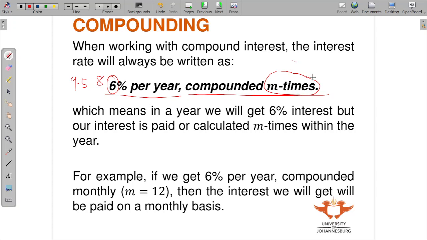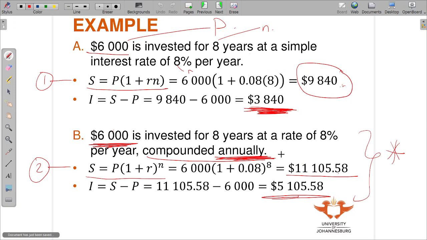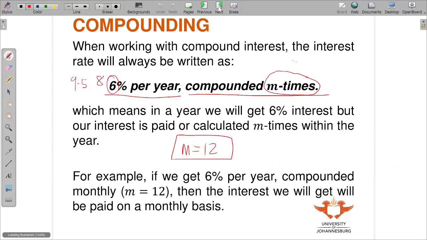If we say compounded monthly, then that means m equals 12. The one we did before, compounded annually, means m equals 1. We're going to see that now.